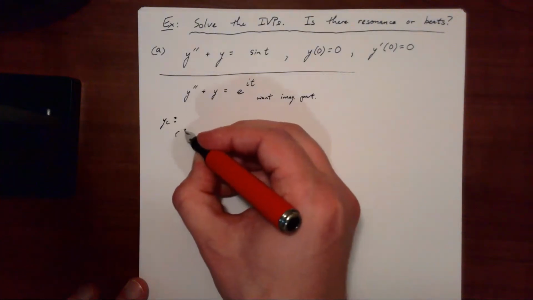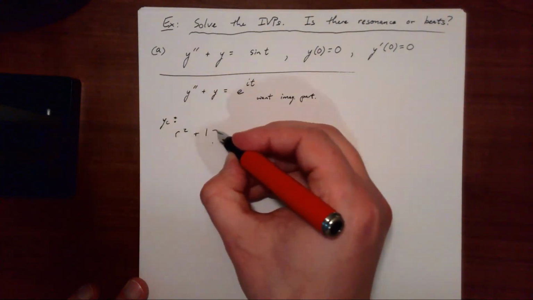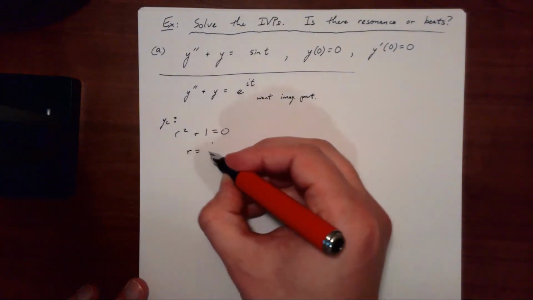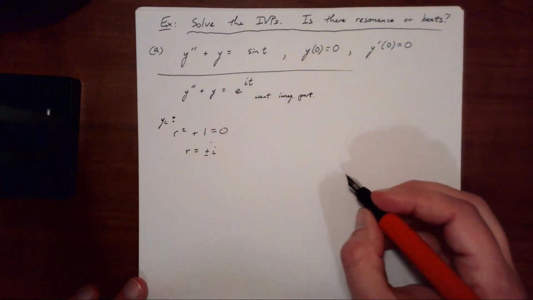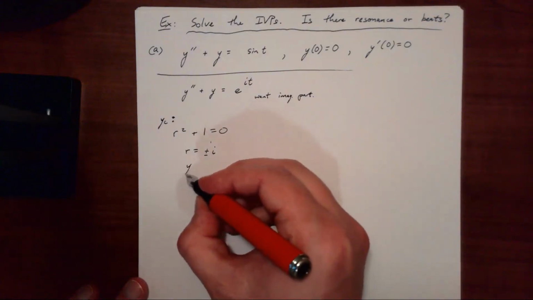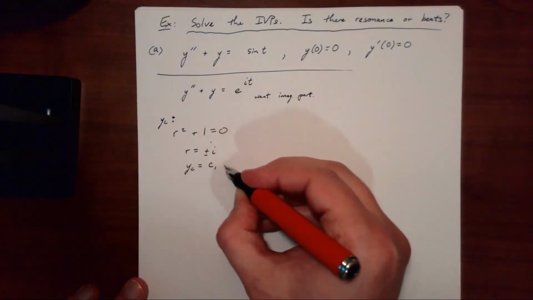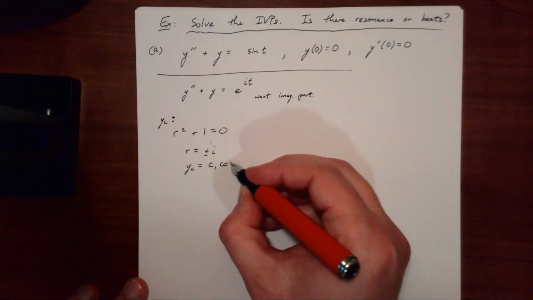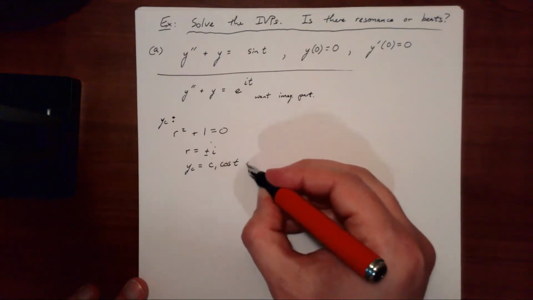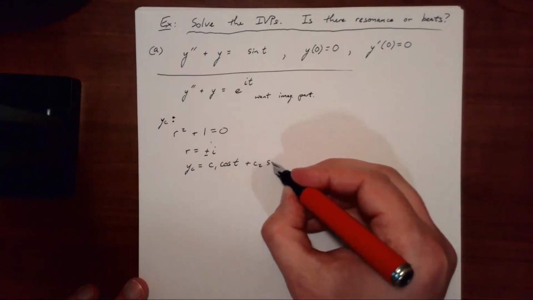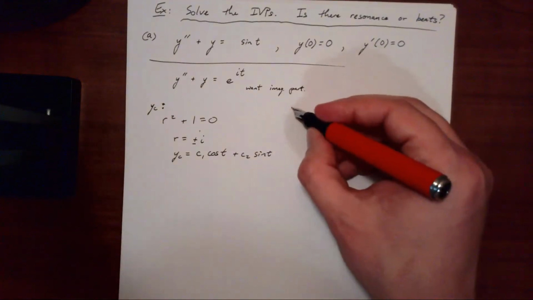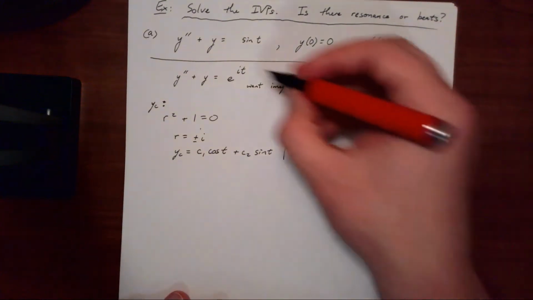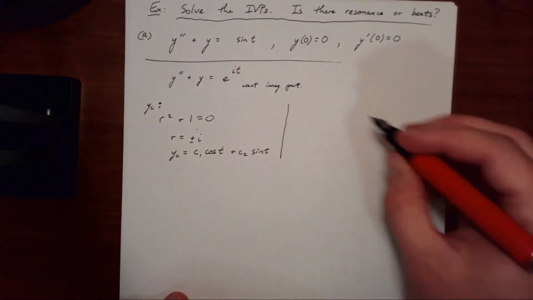So we have r squared plus 1 equals 0, which means that r equals plus or minus i. Uh-oh. So y complementary is equal to c1 cosine t plus c2 sine t, which steps right on the toes of what we were going to use as our particular solution.